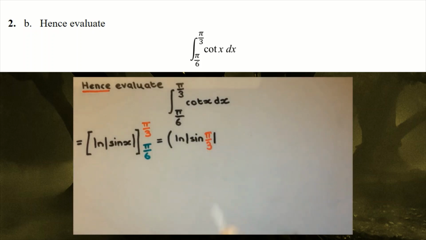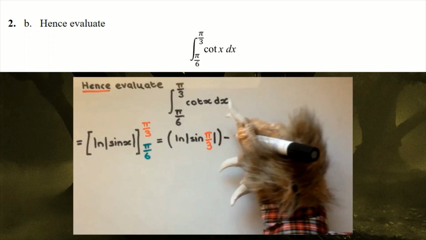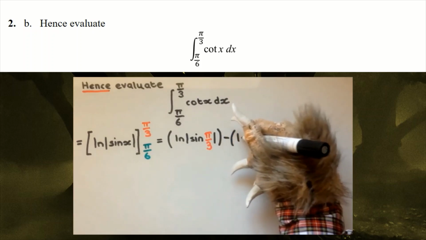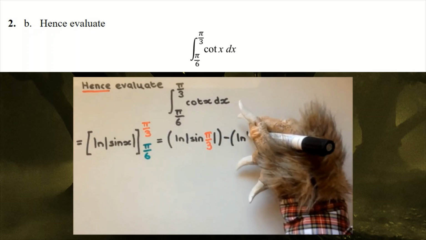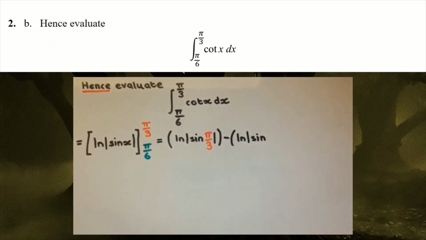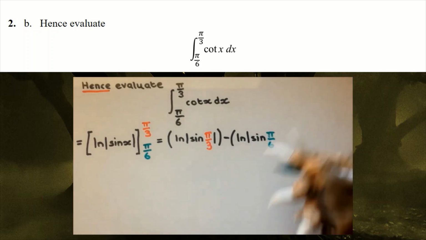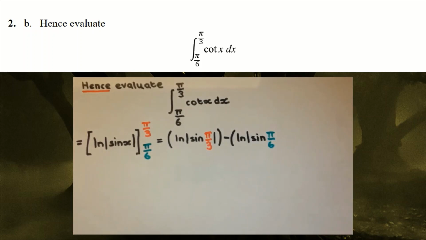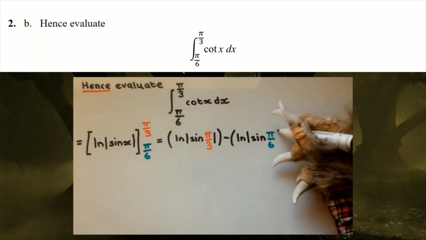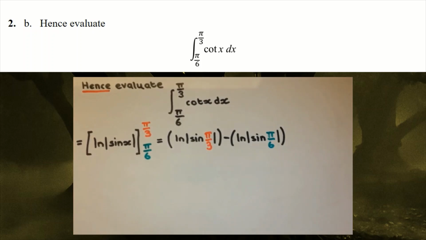This is not going to be negative, but we'll leave the modulus sign in as a precaution. Close the upper limit, and we're now going to subtract the lower limit. So this is the natural log of the modulus of sine of pi over 6 now. And we close the modulus. Again, this is positive, but we'll put it in there. I don't want to do too much in one step.